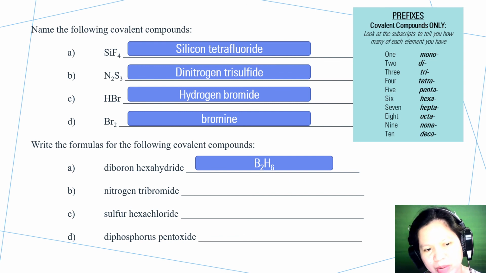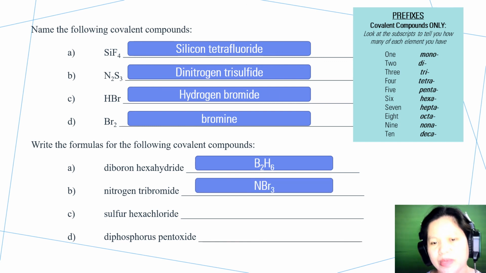What about letter B? Nitrogen tribromide. So may subscript po ba ang nitrogen? Wala. So what about the bromine? There will be a subscript of 3. So therefore, the chemical formula will be NBr3. Last is letter C, sulfur hexachloride. Sulfur do not have any subscript, while chlorine has 6.